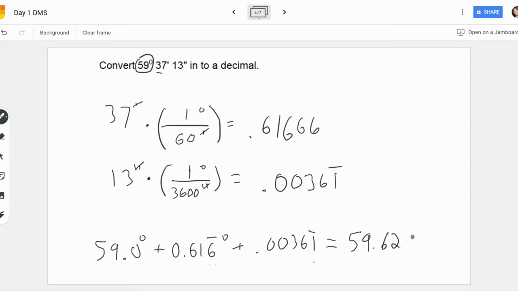We're typically just going to go to the thousandth place, so I get 0, 2, 7 repeating, and we can just chop it off right here because 2 is not going to round the 0 up to 1. So this is pretty much just done. We get that many decimal degrees.